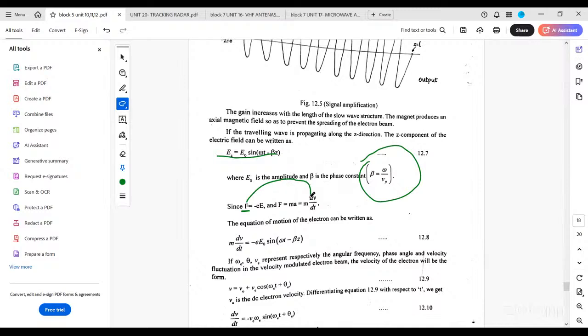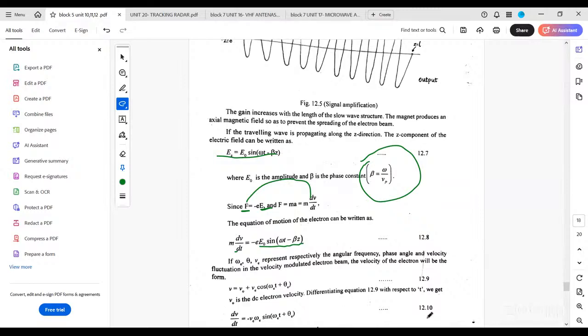MA kada. Acceleration is dv by dt. LHS F లో ప్లేస్ లో ఏం రాస్తున్నాను, m dv by dt. In RHS place minus E times of what is capital E? E naught sin omega t minus beta Z.